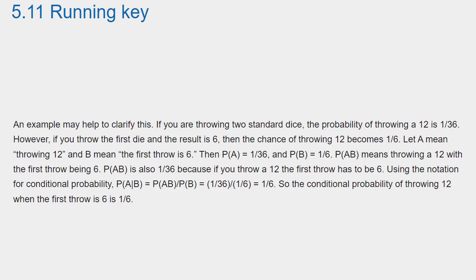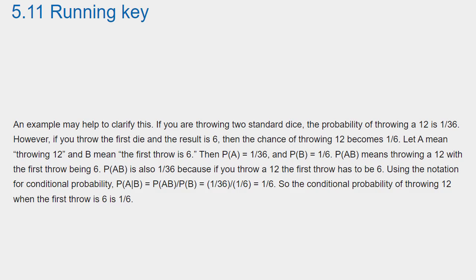An example may help to clarify this. If you are throwing two standard dice, the probability of throwing a 12 is 1 over 36. However, if you throw the first die and the result is 6, then the chance of throwing 12 becomes 1 over 6. Let A mean throwing 12 and B mean the first throw is 6. Then P(A) = 1/36 and P(B) = 1/6. P(A and B) means throwing a 12 with the first throw being 6.